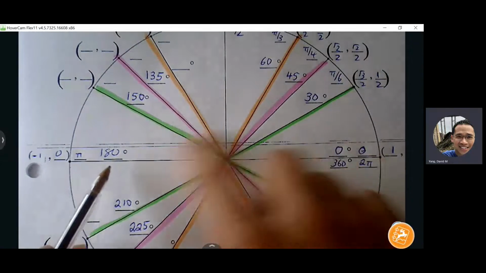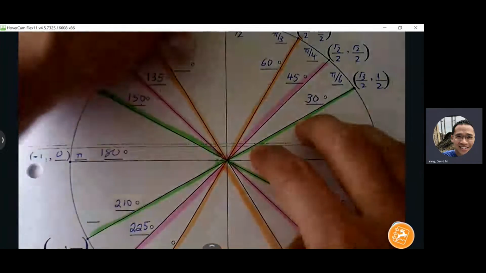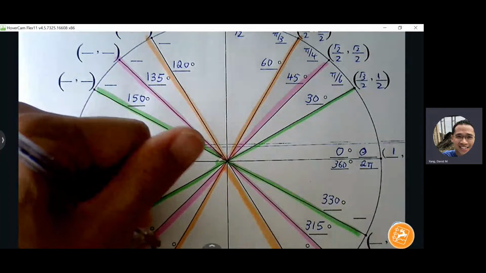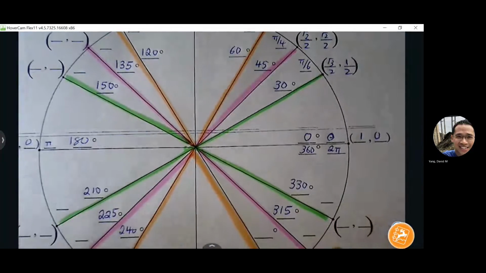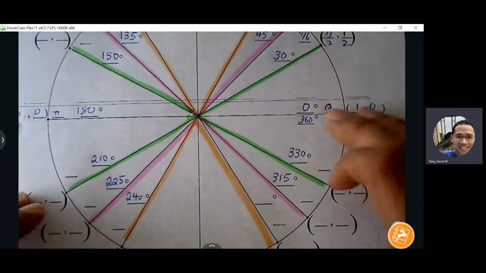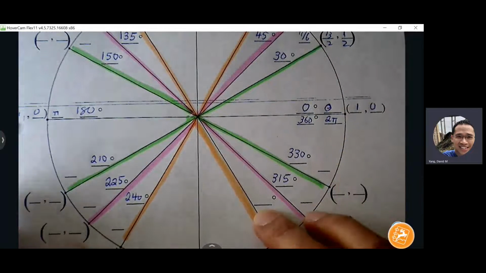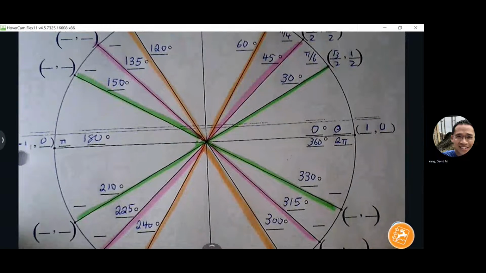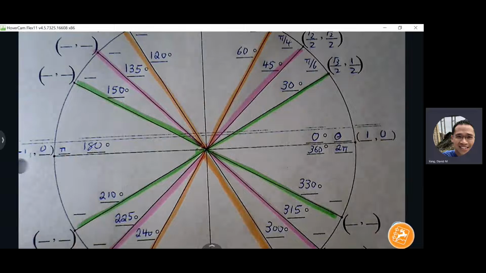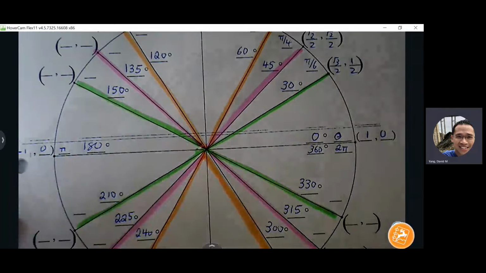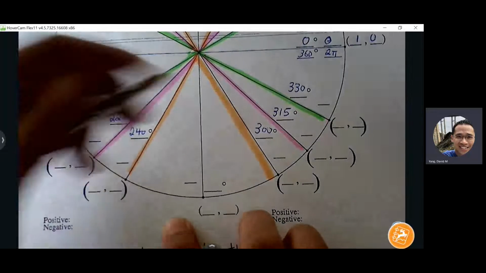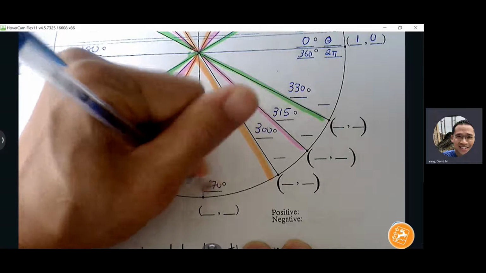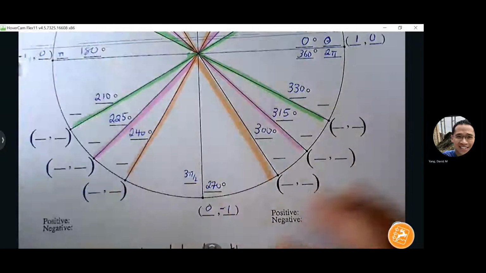So 180 minus 60 will be 120. 180 plus 60 is 240. 360 minus 60 is 300. There's a nice quadrant angle here. This is 3 pi over 2, 270, 0, negative.